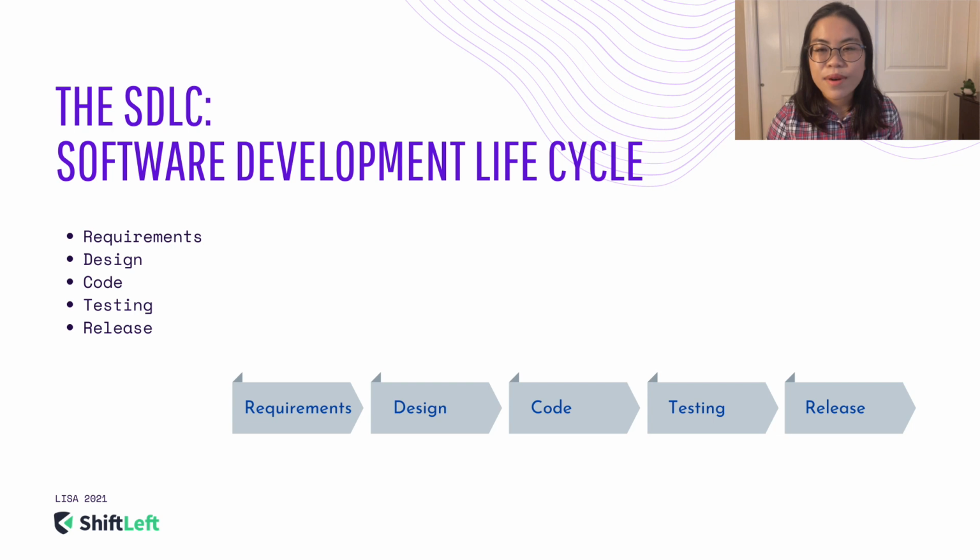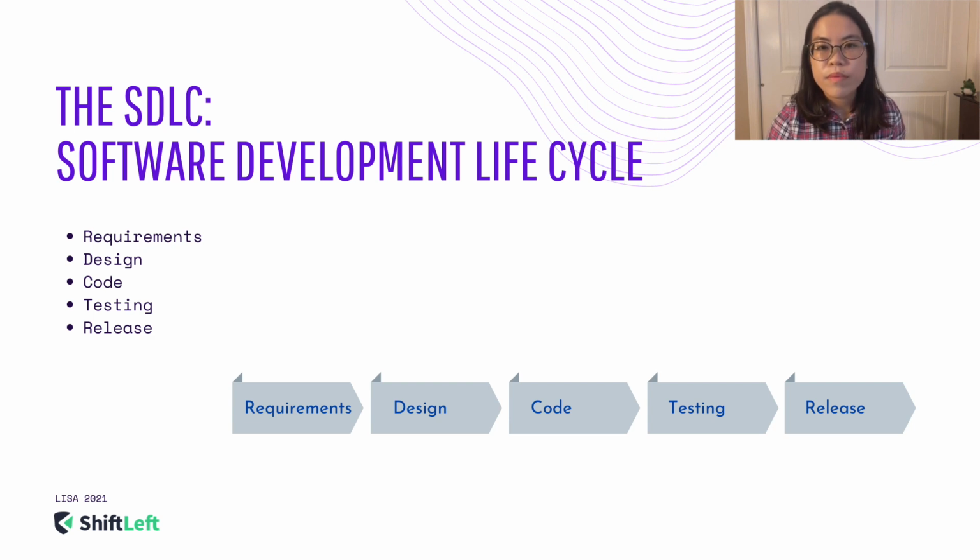So you might be wondering, what does this have to do with application security? When we look at the SDLC, we can also see 5 distinct chances of implementing security measures into the development process. And we ideally want to start considering security at the very start of the SDLC, starting from the requirements phase.